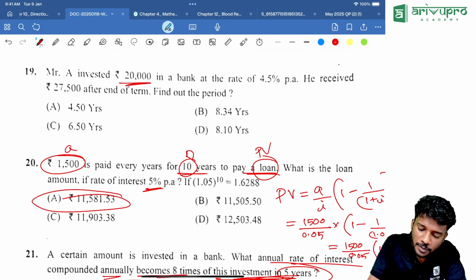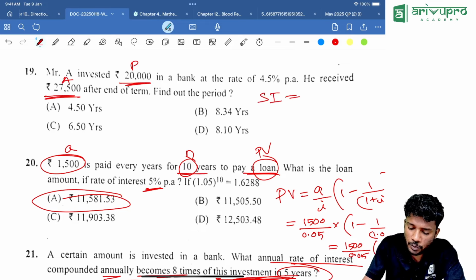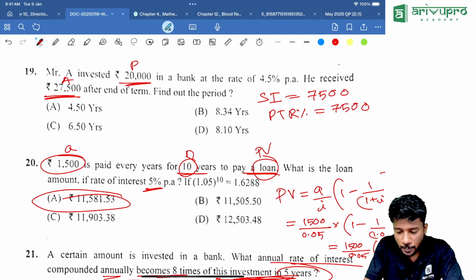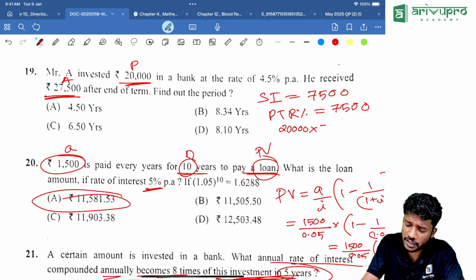So P is this. A is this. Then SI value is how much? SI is equal to 27,500 minus 20,000. That is 7,500. PTR by 100, which is equal to 7,500. P is 20,000 into T, we need to find.